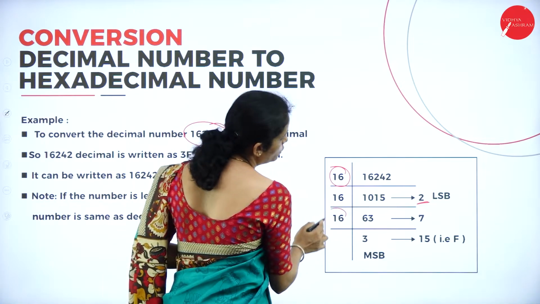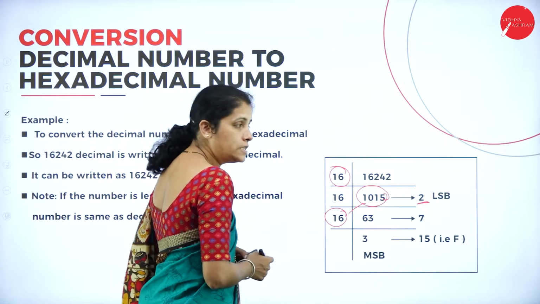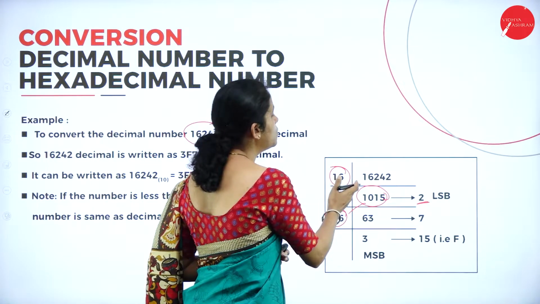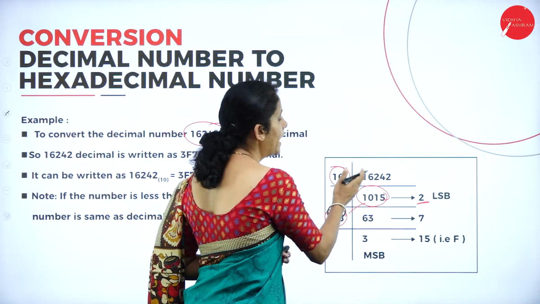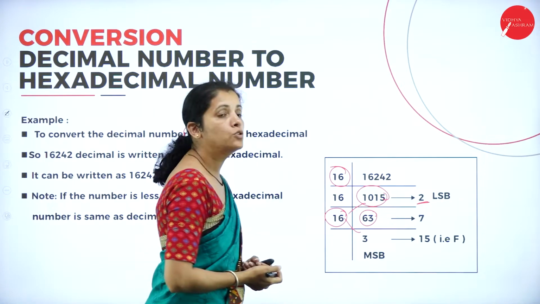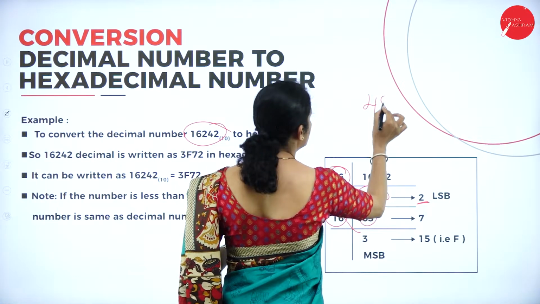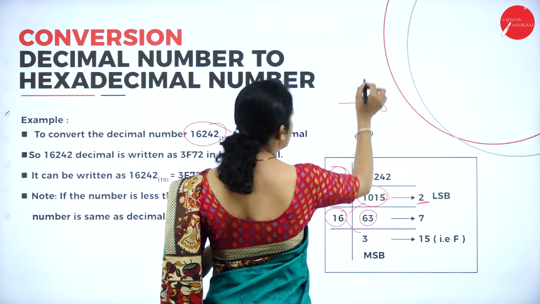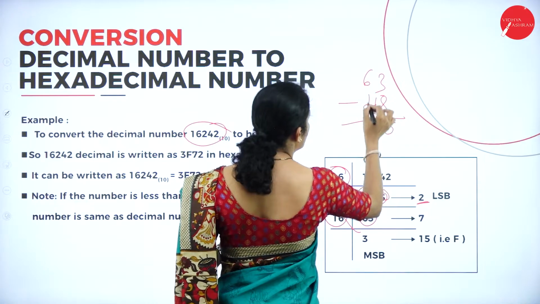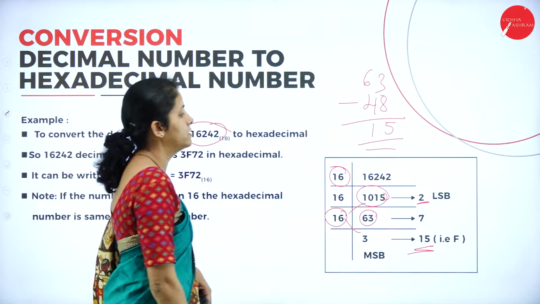Once again, I'm going to divide this number by 16. So 63, I'm having 16 times 1008. Now I'm having 63. So dear student, 16 3s are 48, and 63 minus 48 is 15.